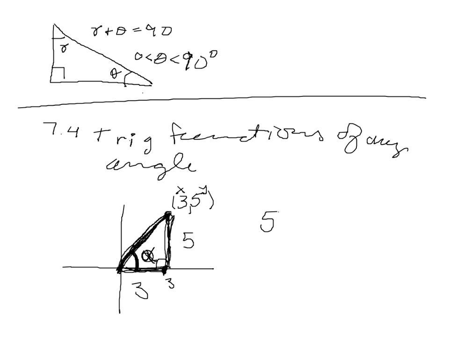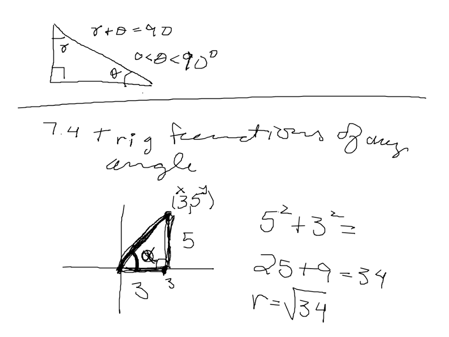So we get 5 squared plus 3 squared equals 25 plus 9 equals 34. And so we call it R when we put it onto the plane. It's going to be the square root of 34. Okay, so now cosine is going to be adjacent over hypotenuse.